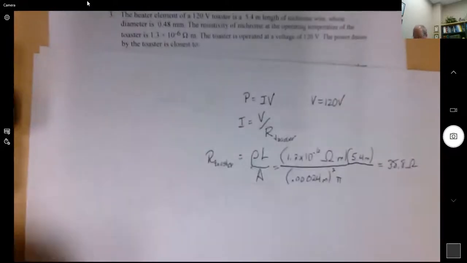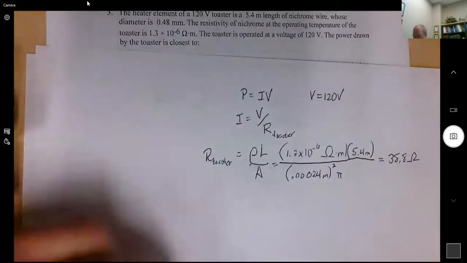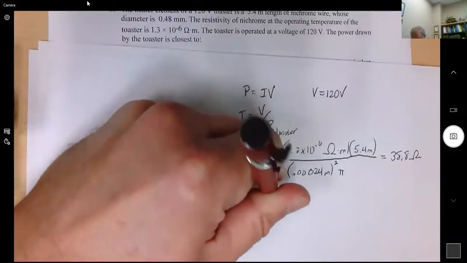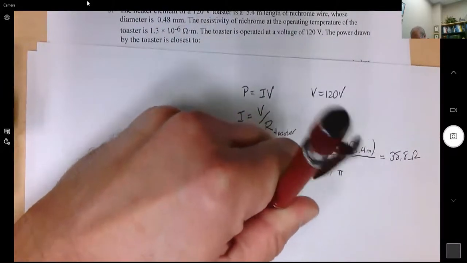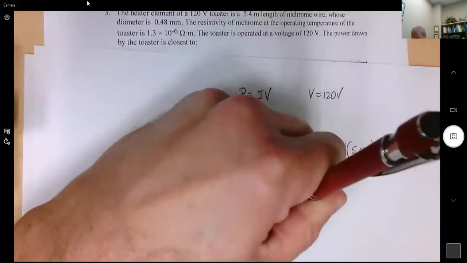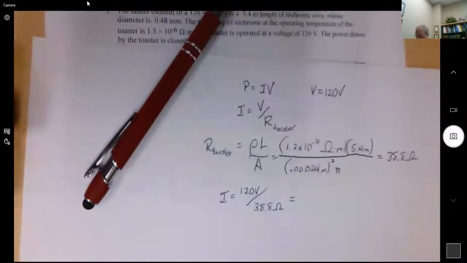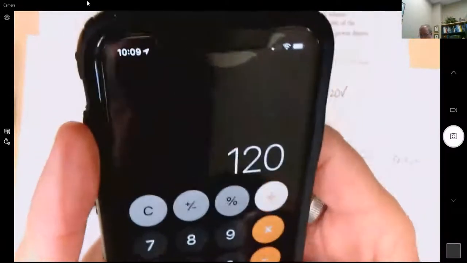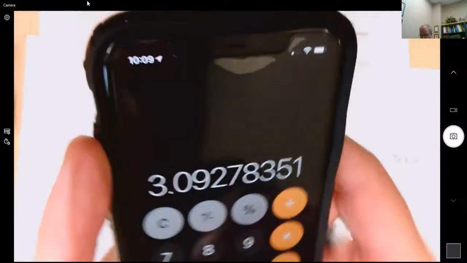Okay, now we can find the current in the resistor. It's going through the resistor, just 120 volts divided by 38.8 ohms. So that gives us a current of 3.1 amps.